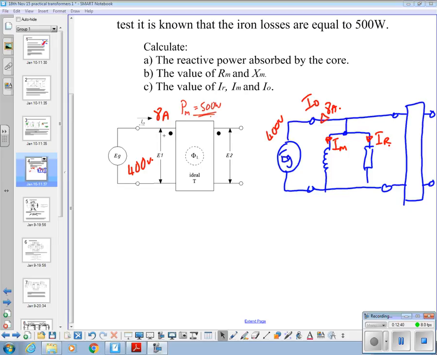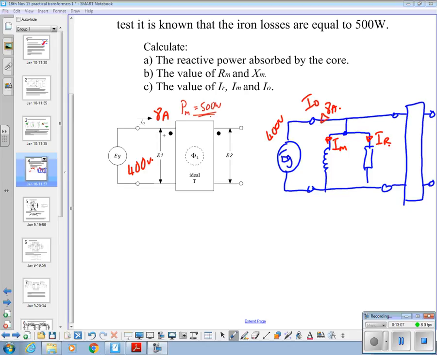What could we calculate? Via what method? 400. Yeah, 8 amps is what's flowing here, Tom. Yeah? Not what's flowing there.